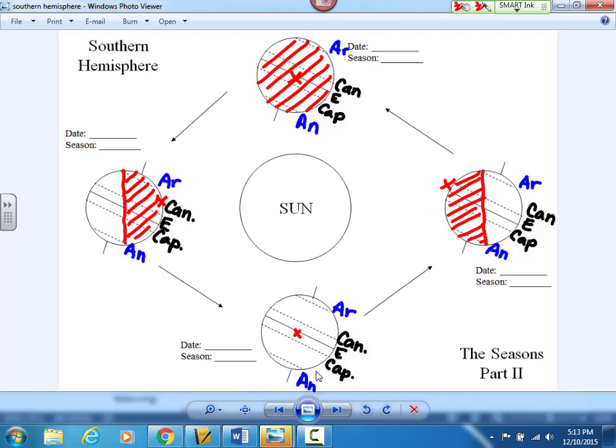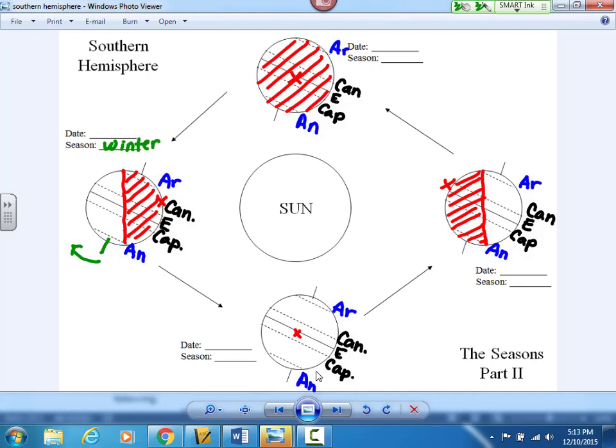Label each season that the southern hemisphere would be in at that point. And now you got to think about the southern hemisphere. This one is going to seem a little bit opposite to you. The southern hemisphere down here is tilted away from the sun, so that would be their winter picture.